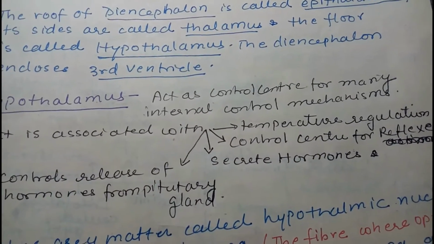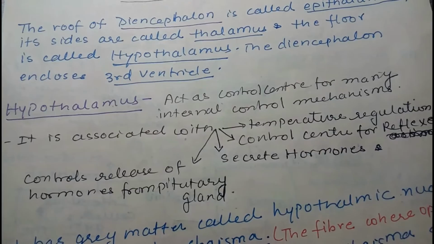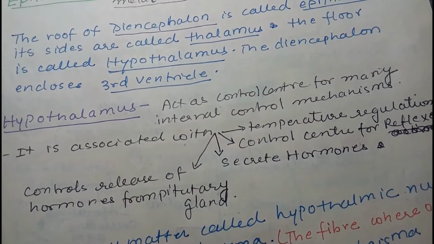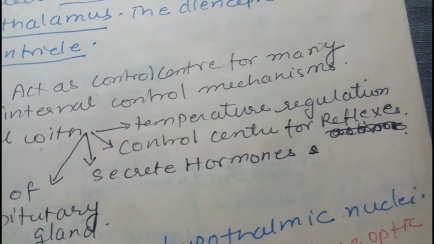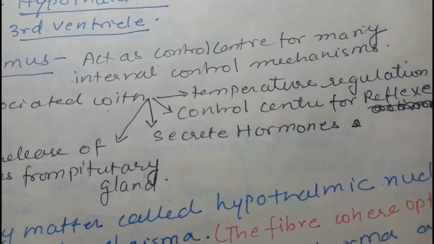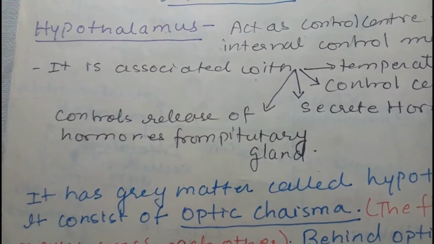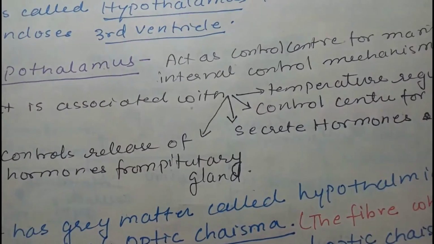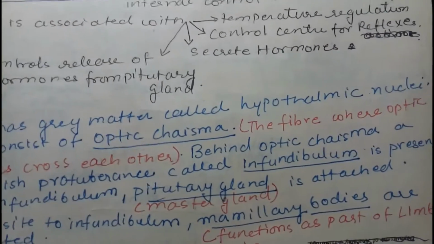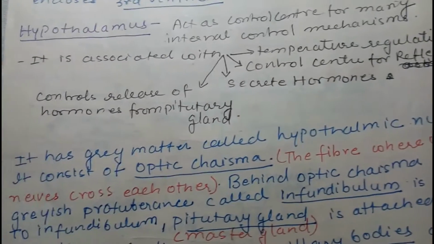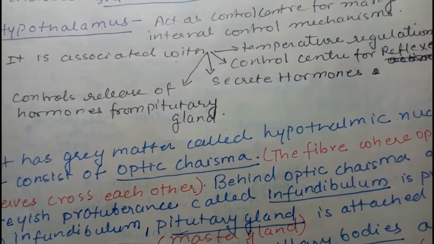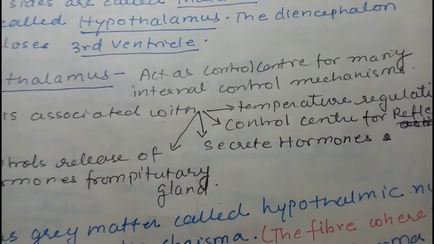Hypothalamus acts as a control center for many internal organs. It is associated with temperature regulation, is a control center for reflexes, secretes hormones, and controls the release of hormones from the pituitary gland. It has gray matter called hypothalamic nuclei, which consist of the optic chiasma.